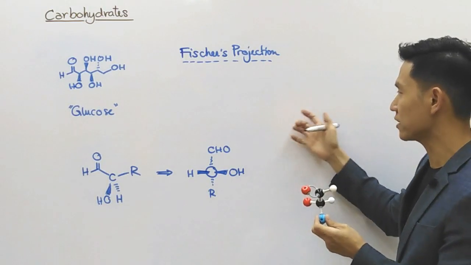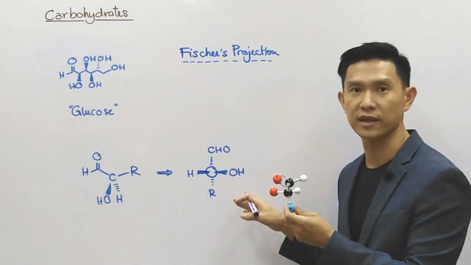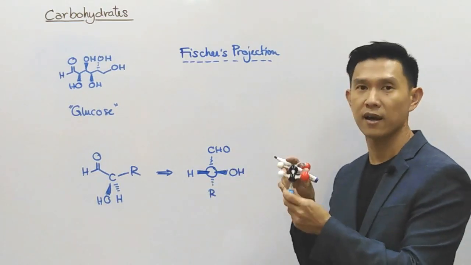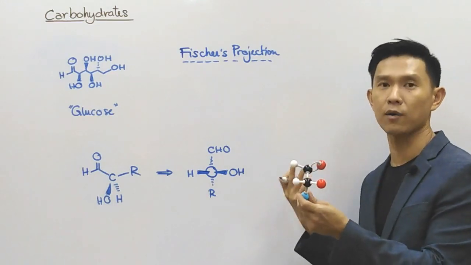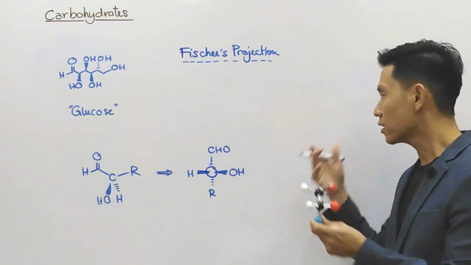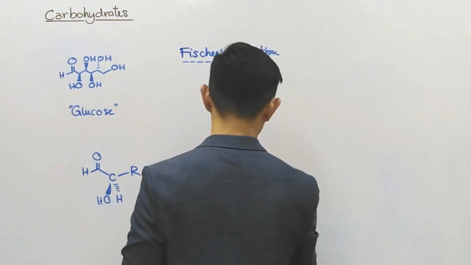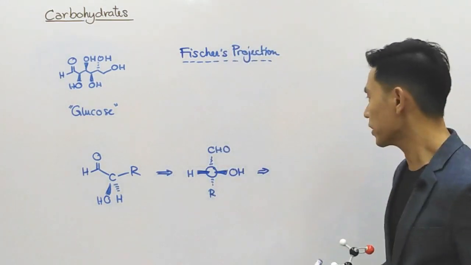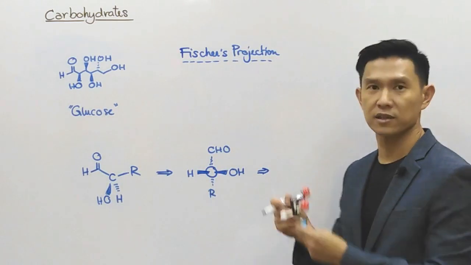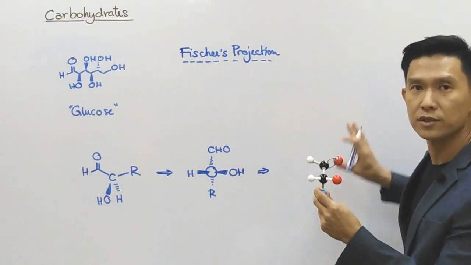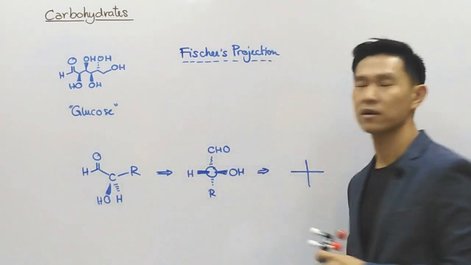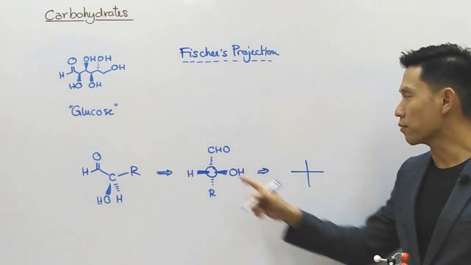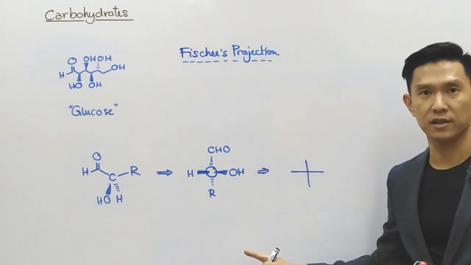But we have a convention here for the Fischer projection. The Fischer projection says that if you want to draw the cross like this, the horizontal line always points toward yourself, and the vertical line always points outward. From this criteria, we can project the three-dimensional structure into a two-dimensional structure by just drawing the cross, without bolded line and dashed line.